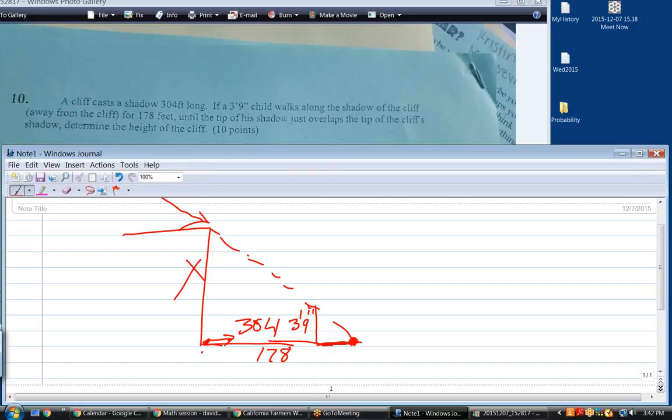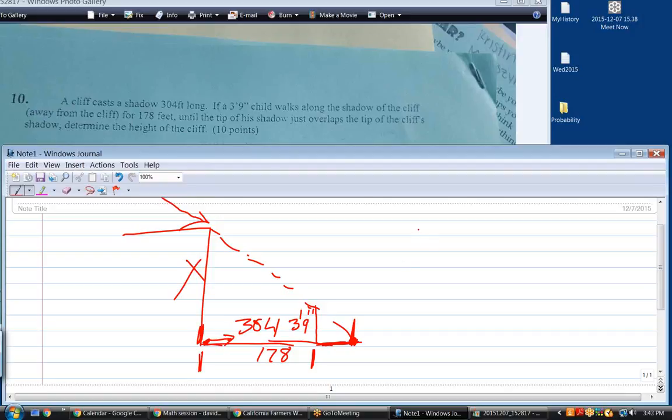So 178 feet is the distance from there to there. 304 feet is the distance from there to there. So give me a ratio that applies to these two similar triangles. X is to what? X is the height. X is to what? Whenever you're dealing with similar triangles, you're going to end up with ratios.